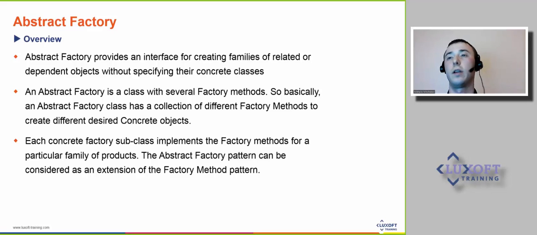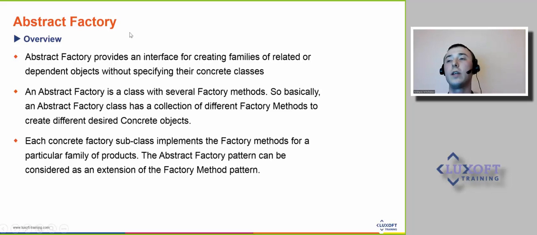Abstract factory pattern. Actually, abstract factory pattern provides an interface for creating families of related dependent objects without specifying their concrete classes. So abstract factory pattern sometimes is called a factory of factories.